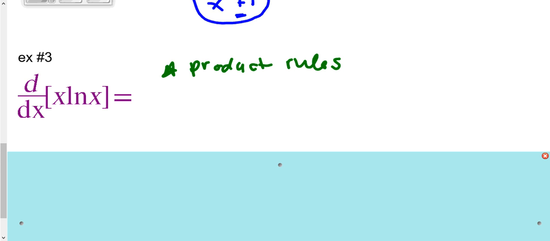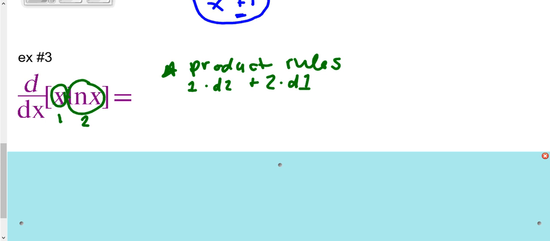So this is going to be a lot of remembering stuff from before and combining it with our new rules. So remember, our product rule is first times the derivative of the second plus second times the derivative of the first. In this function, x is the first and ln of x is the second.